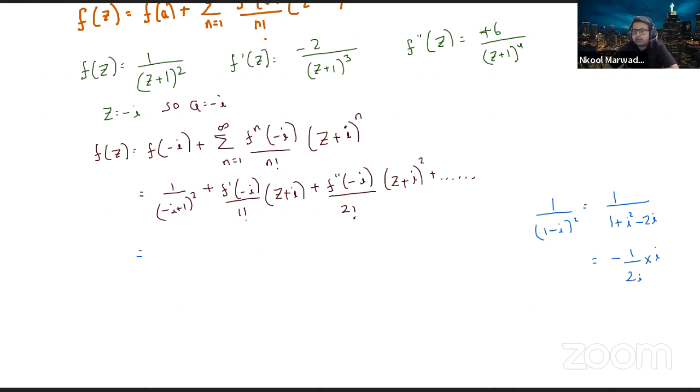I square will once again become minus 1, so minus minus will become plus. So we will get i by 2. So this term we saw just now is i by 2.